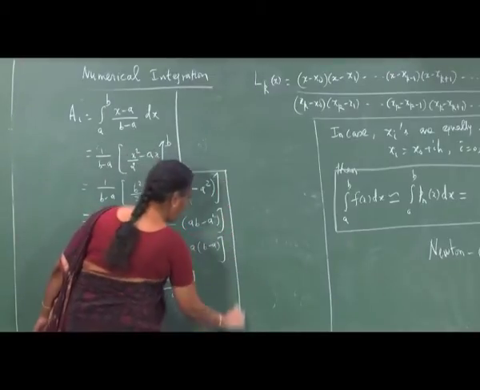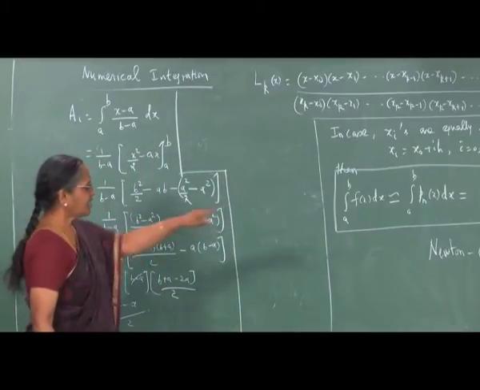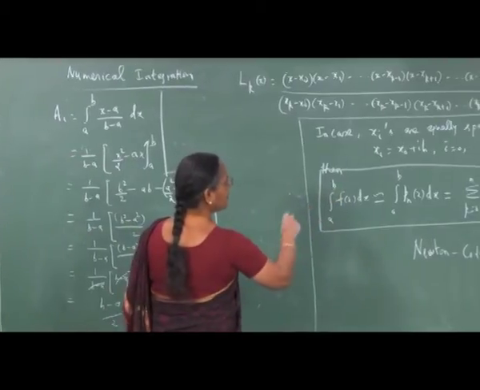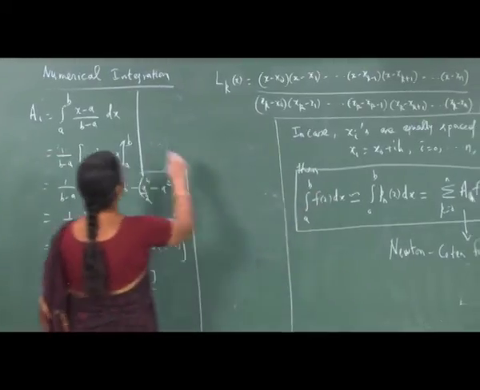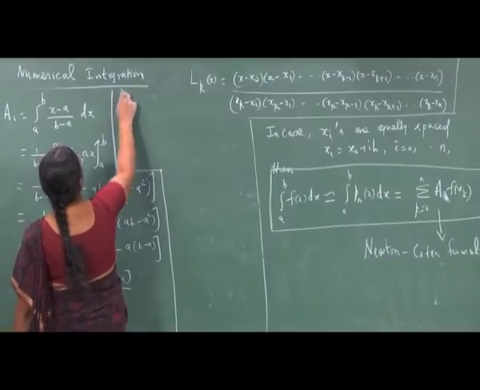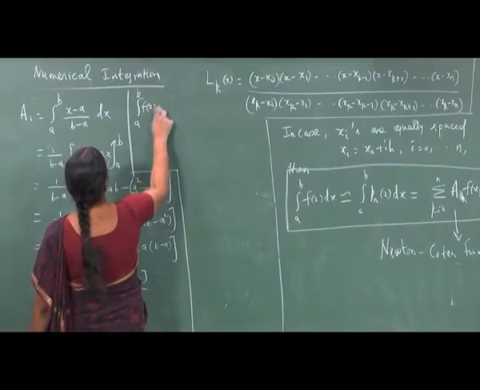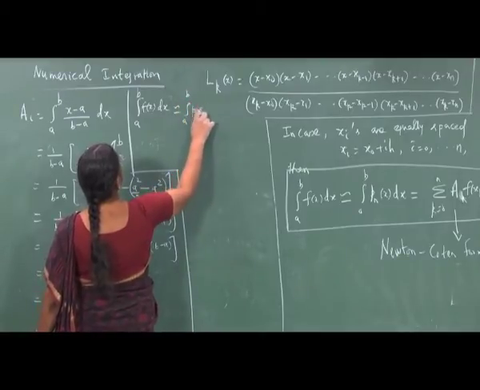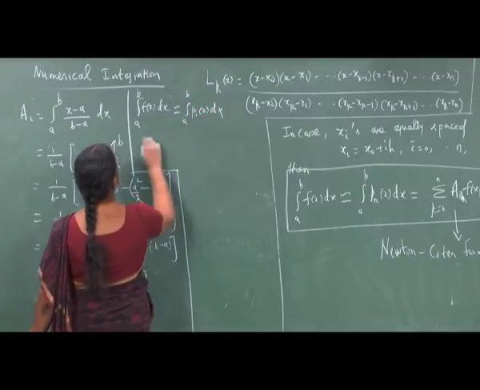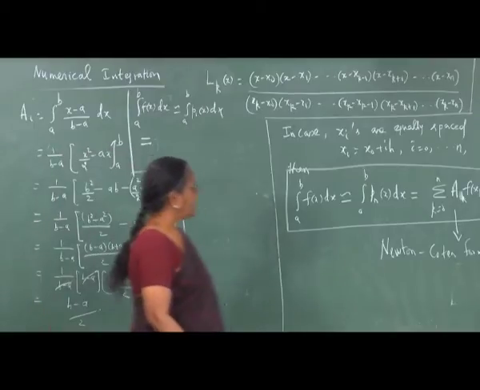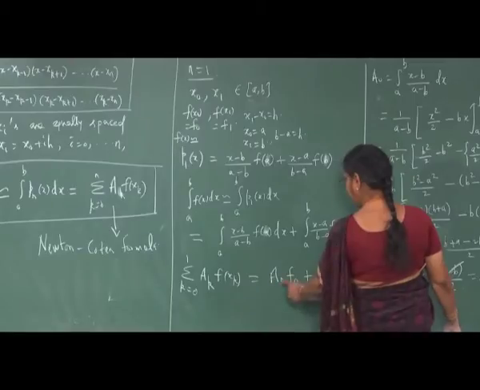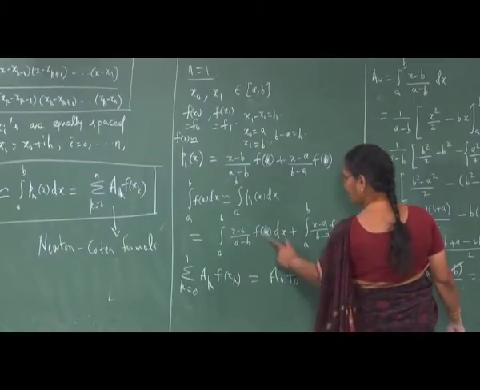So you have computed both a naught and a1. So that gives you the result for approximation of the integral of f of x dx, which is the integral from a to b of p1 of x dx, which is a naught into f naught. f naught is f at x naught, and x naught is a.